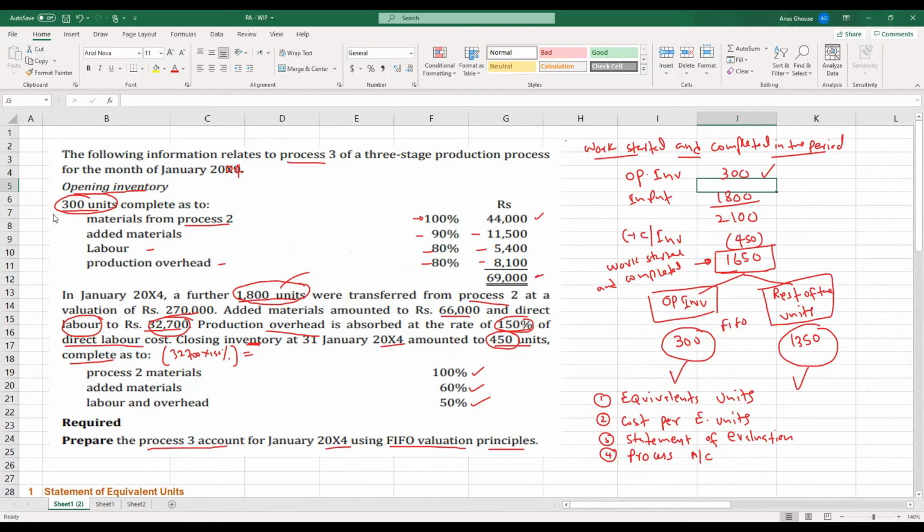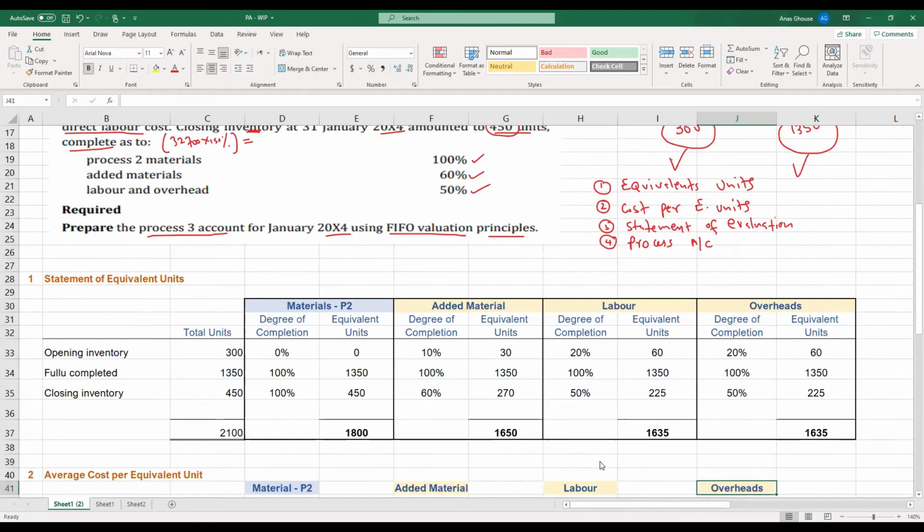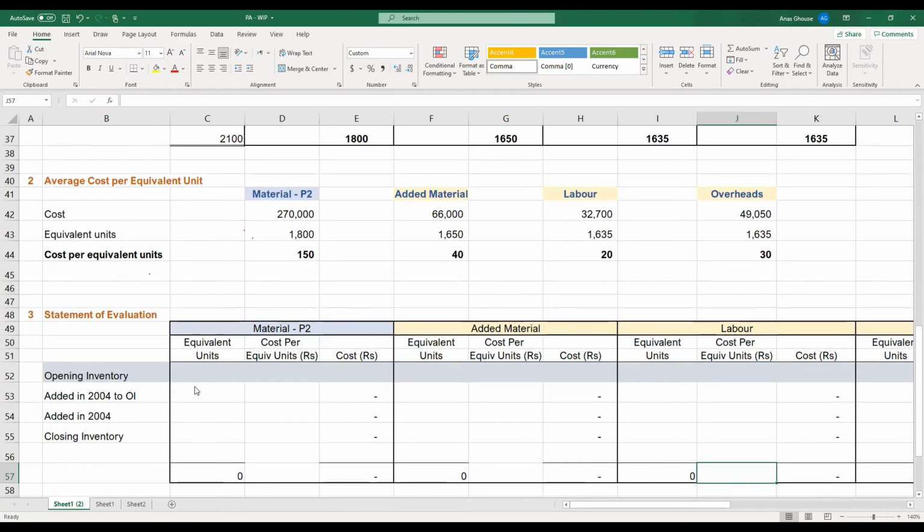These 300 units were transferred from process 2, so we have an opening balance of 69,000. Material from process 2 is 44,000, added material 11,500, labor 5,400, and 8,100 production overhead costs already incurred as far as these percentages are concerned. So let's take the opening brought forward balances.